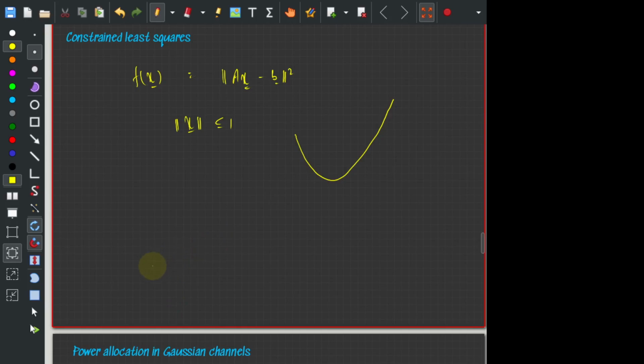So suppose I have this weird looking function where it's something like this. And suppose that the constraints say that it has to lie within this particular set. So the minimum point is here, whereas the point of least gradient will probably be somewhere over here, right?